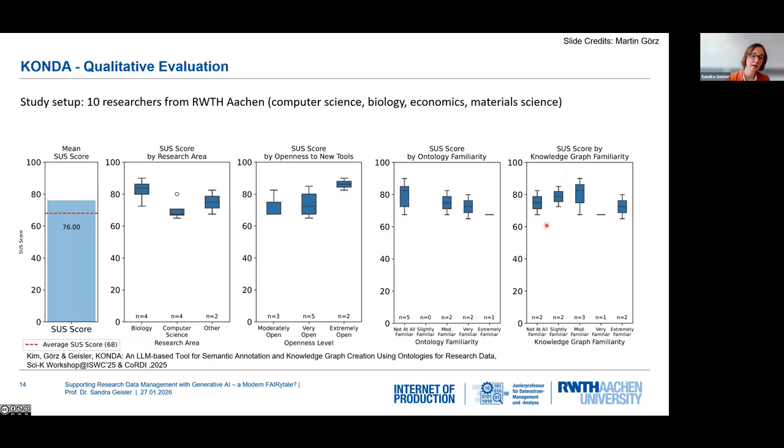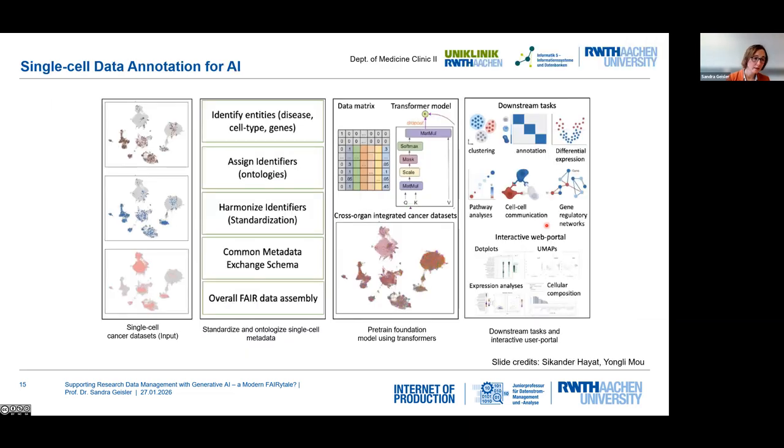Okay, so to look more at specific disciplines where we try out and evaluate our tool, we are working, for example, in biomedicine on a project together with the Uniklinik here in Aachen, where we look at single cell data and where we annotate the single cell data with corresponding diseases, cell types, genes, and so on, to later utilize the data and have more context information to fulfill other downstream tasks like clustering, differential expression, and question answering on specific relationships between genes, for example, between genes and cell types.